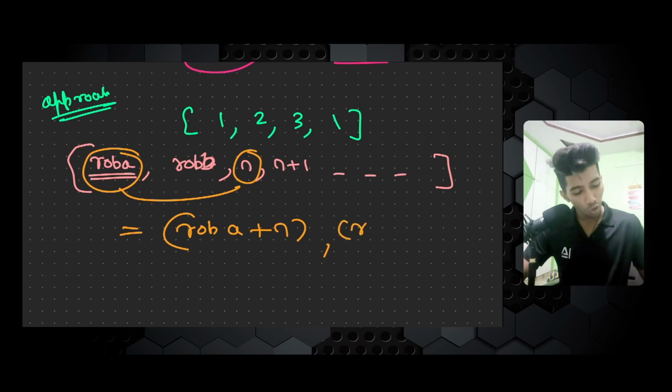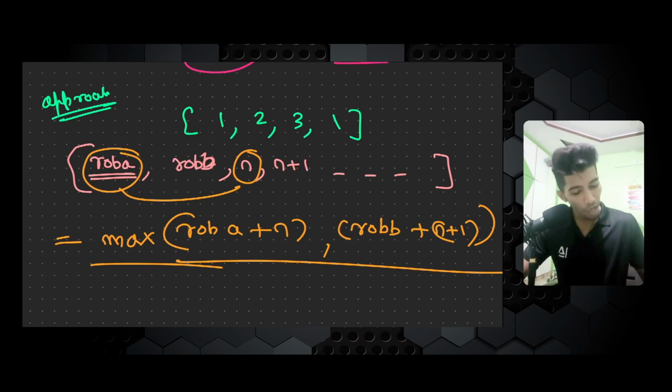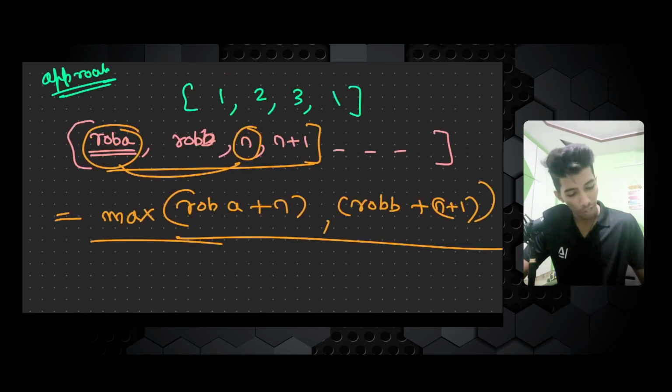If I choose rob B, then I have to choose this particular case, n plus 1. Got my point? Now this n plus 1 is generalized, you can understand it like that. Then I have to find the maximum of it. Simple. If my array is of 4, then I have to do it like this. So let me give you the generalized solution now.